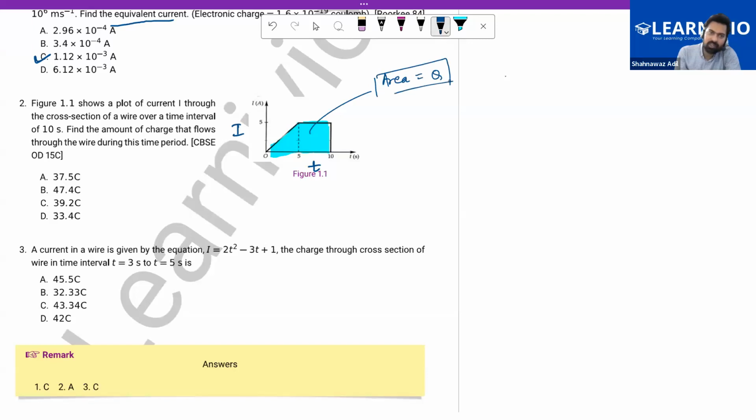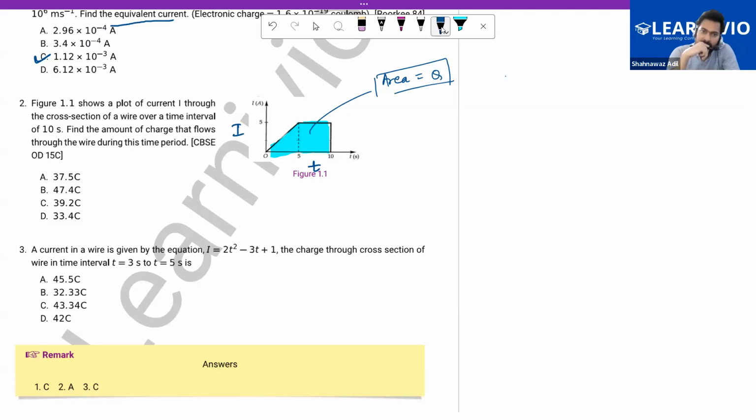So in this question, find the amount of charge that flows through the wire during this time period. From 0 to 10 seconds, what is the total charge? Which means we only have to calculate the area of this thing, right?